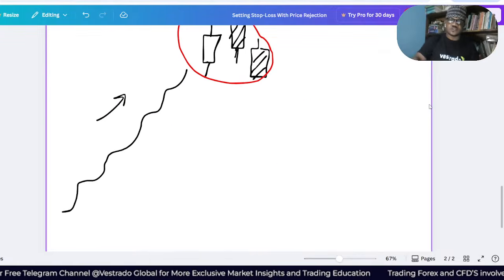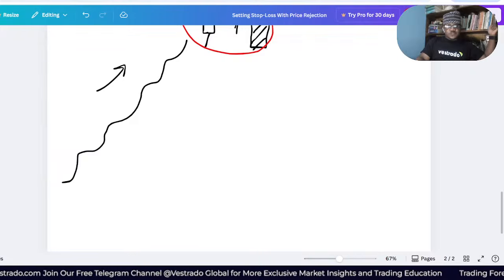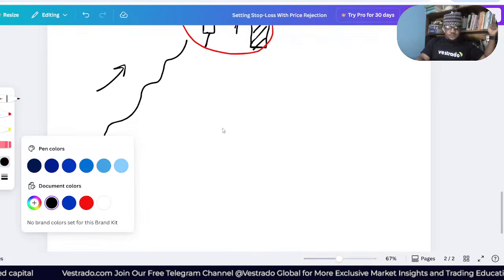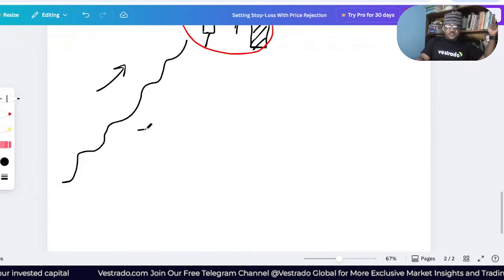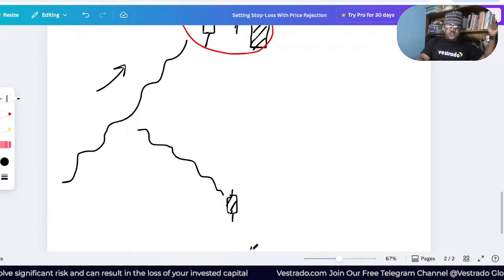You have a morning star too. So it's the same thing. In a downtrend, perhaps you have this. You have this, a bear, and then a candle with a long wick.